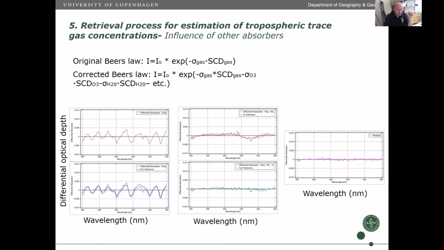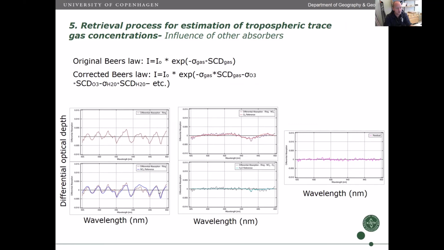Then we fit the polynomial of the ozone, that gives us the estimate of the ozone. And then we also have a polynomial for water. And then by removing ozone and water and redoing it, we get the exact estimate for nitrogen dioxide.